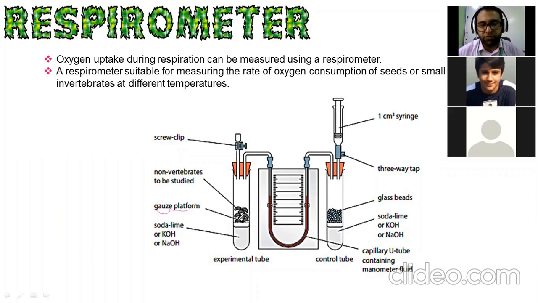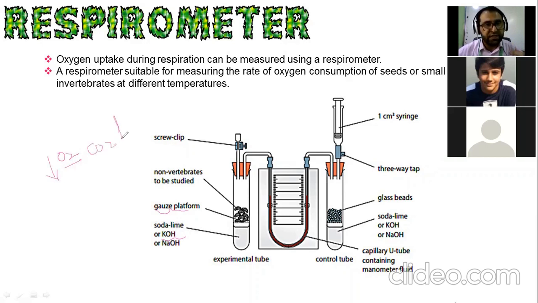We put this gauze so that there is no interaction, because soda lime and potassium hydroxide are toxic to the insect, so we keep the insect separated from them. After that, we put soda lime here to absorb what? Carbon dioxide, right?